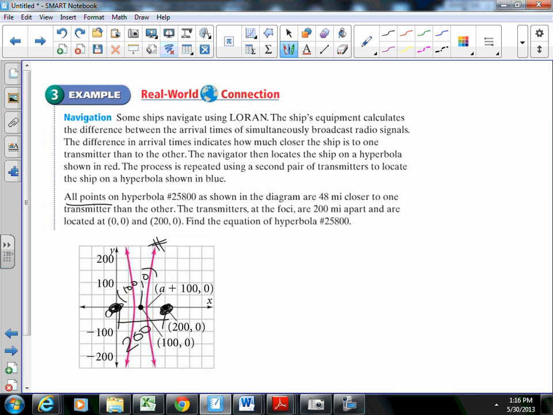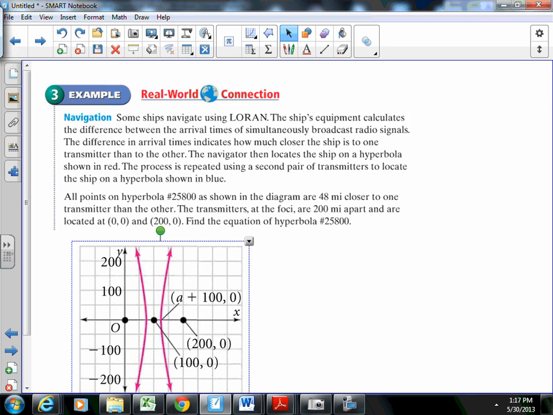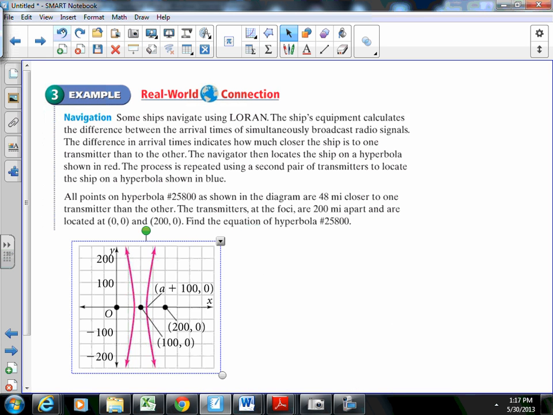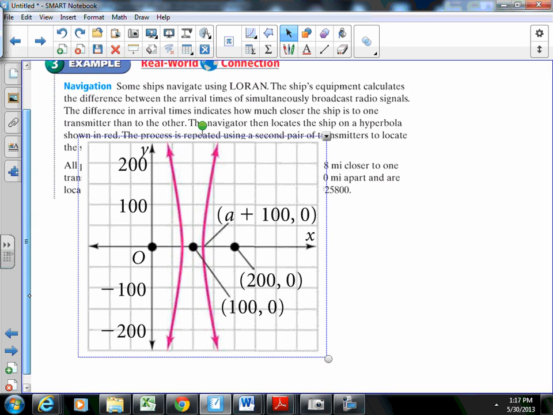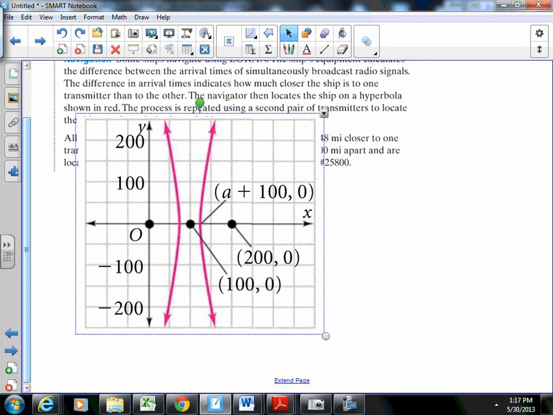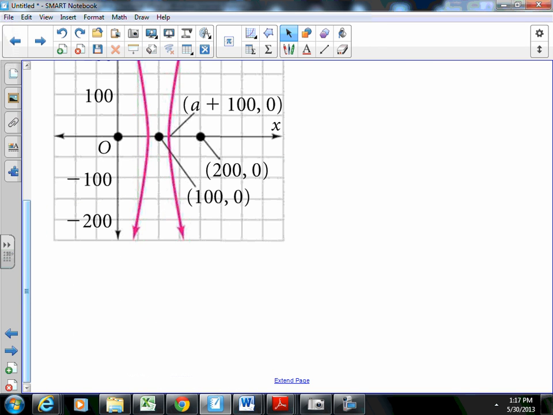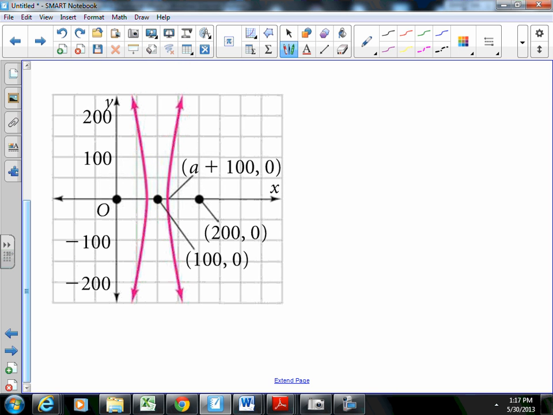We're basically asked to find the equation of the hyperbola. I'm going to enlarge this image for a second, and I'll put a picture of a hyperbola next to it just so that we know what we're talking about.